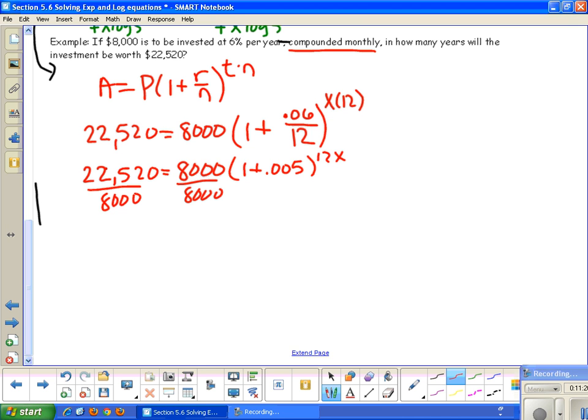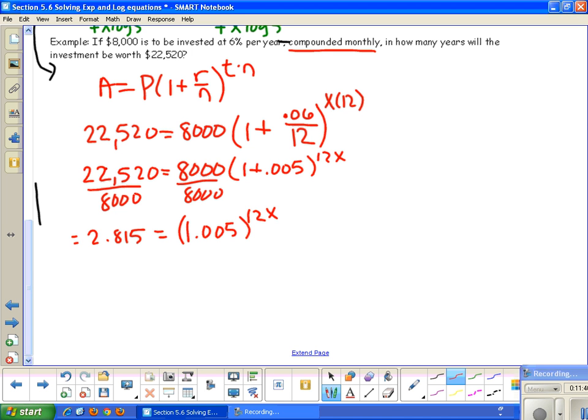When I divide both sides by 8,000, I get 2.815. And again, I'm solving for x. So notice that we have just the exponential part equals a number.